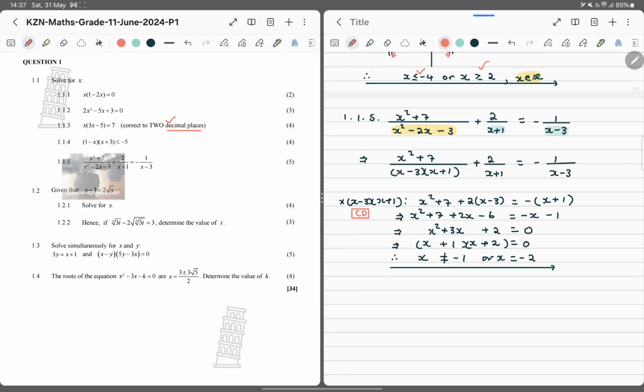Now let's see, so we get 1/5, right? Now let's put minus 2 there. We definitely get 1/5. So the left-hand side is equal to the right-hand side.